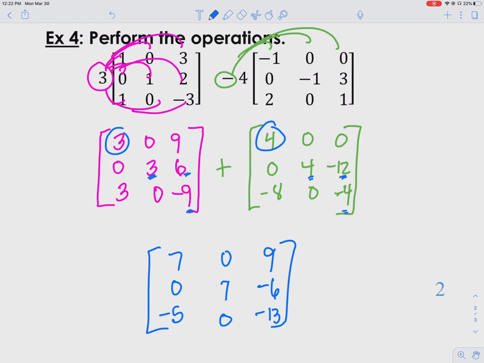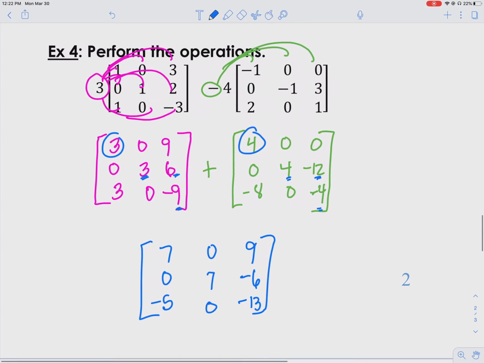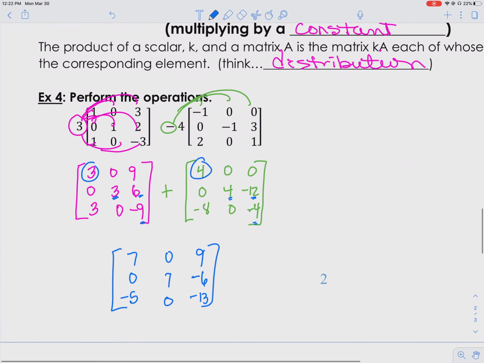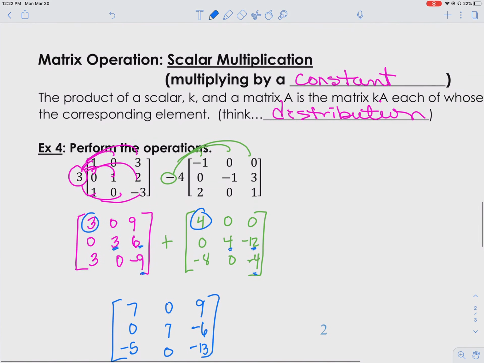Negative 13. So I had 3 things I had to do. First, I distributed the 3. Then I distributed the negative 4. And then I added those two matrices together. And that is called scalar multiplication, when you multiply a constant by everything in the matrix.